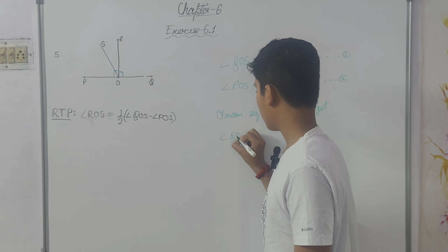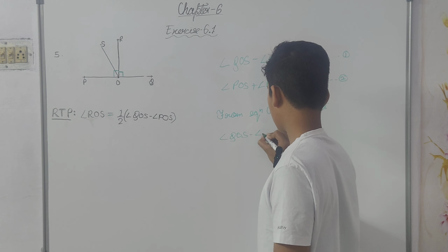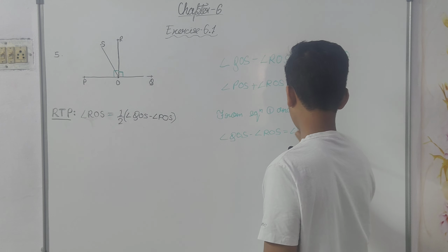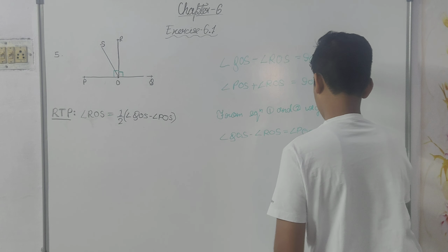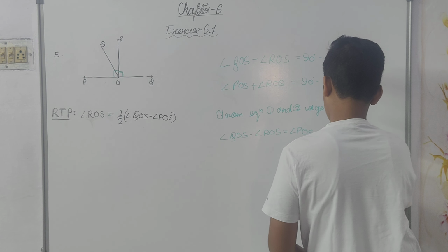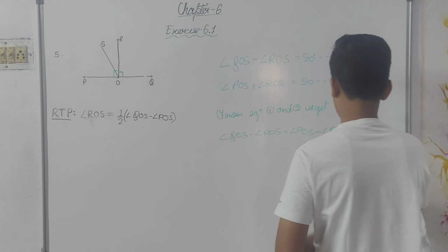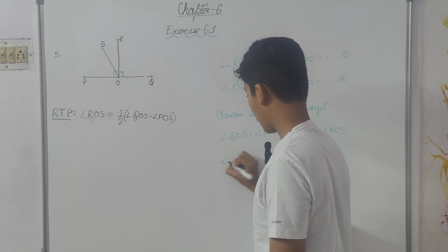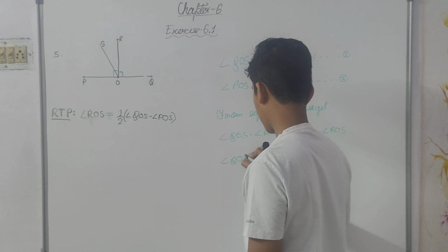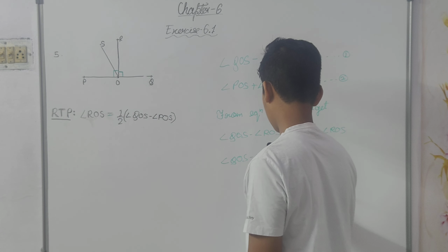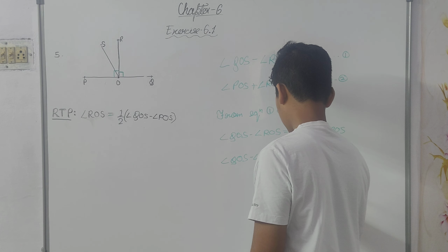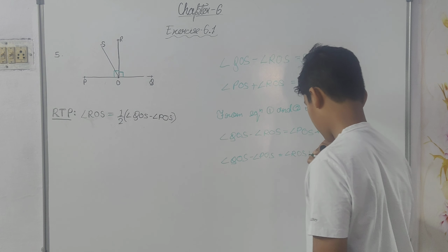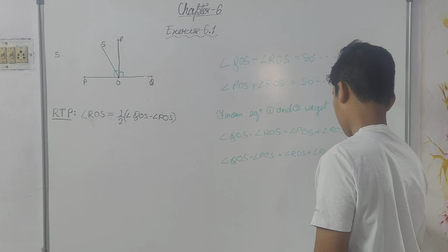Angle QOS minus angle ROS equals angle POS plus angle ROS, because these both are 90 degrees. So angle QOS minus angle POS equals angle ROS plus angle ROS.